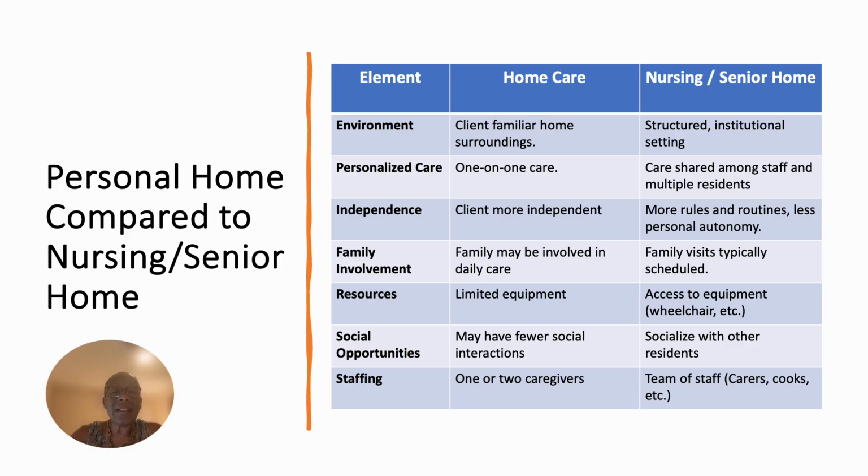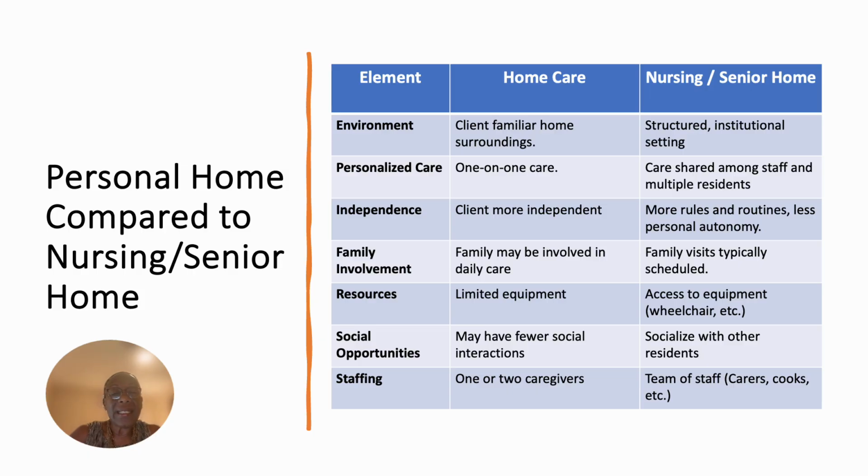In the home, clients are more independent. However, in a nursing or senior home, there are more rules and routines, such as when the clients will have their baths, when they will have their meals, and there is less personal autonomy. For instance, a client in the home may have the opportunity to go out more often than a client who is in a senior home.